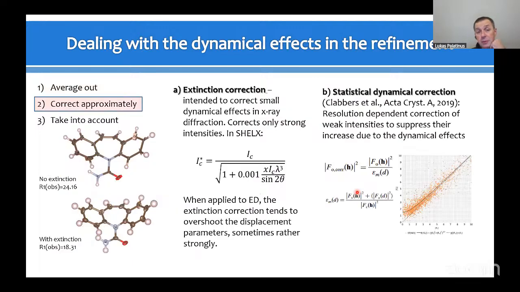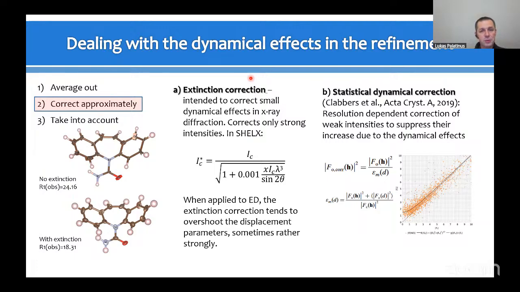There are approximate corrections. For the sake of keeping the time, I will not go into details. I just mentioned that there is a correction for dynamical effects in X-ray diffraction. It's called extinction correction, because even in X-ray diffraction, there are some very weak dynamical effects.